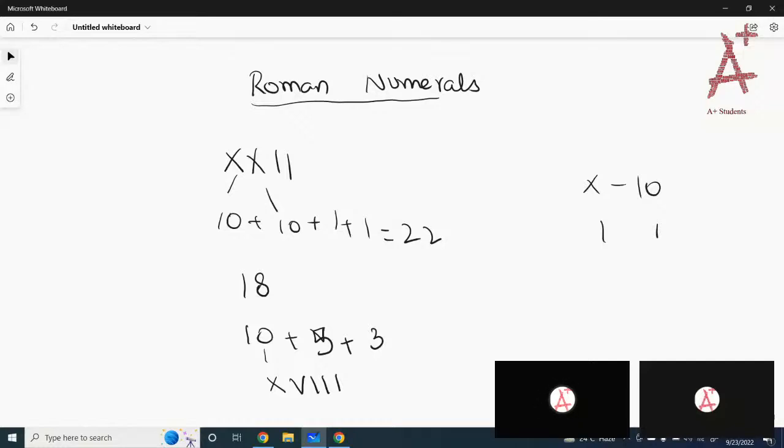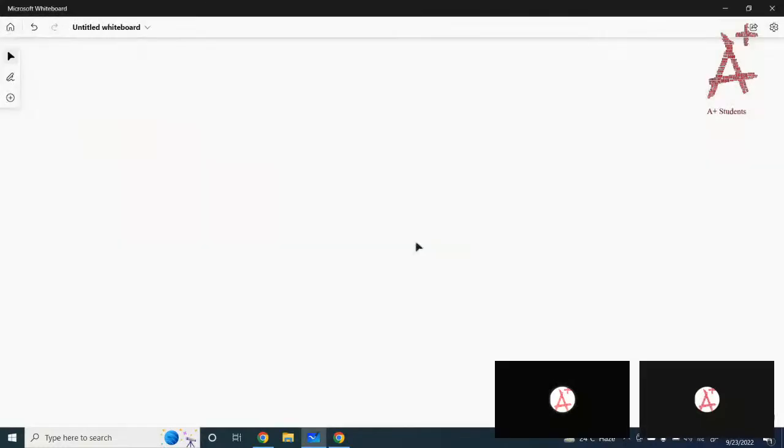Got it? So on the top right corner, you have a test button. Let's start with test. Let's do some practice questions. So the first one is, how do you write 17 as a Roman numeral? So you are given three options: the first one is XVII, the second one is X, and the third one is XV.